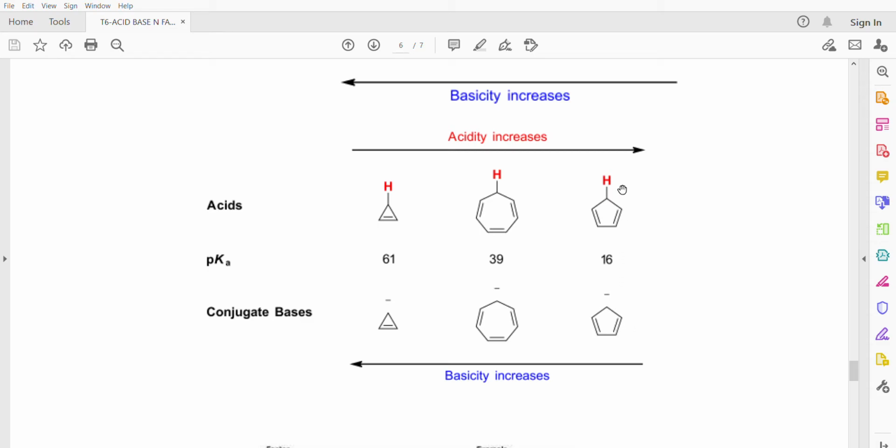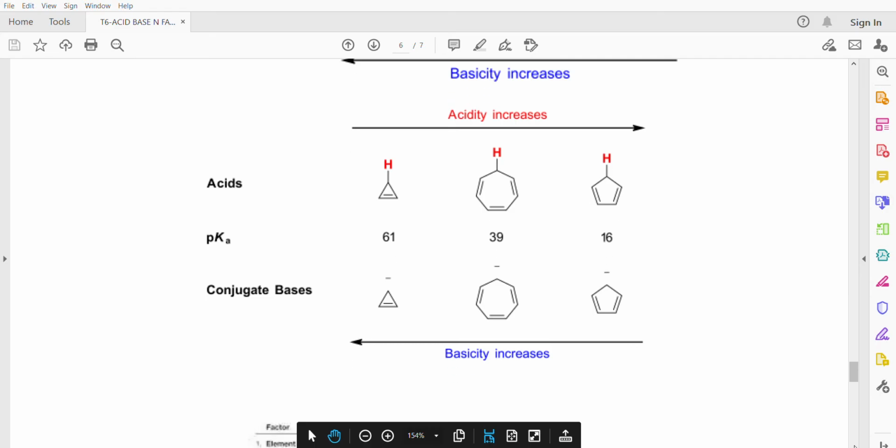After the removal of a proton, why is it 16? Because it will be comfortable to remove the proton, since after removing the proton it will become aromatic in nature. Cyclopentadiene anion is aromatic, the rest of these two are not aromatic. So this is the reason.